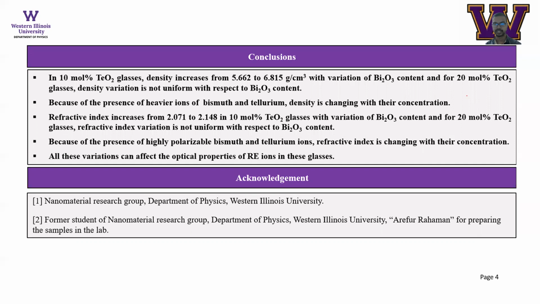Similarly, the refractive index increased from 2.071 to 2.148 for 10% mole content, and for 20% mole content, again it's not uniform with respect to bismuth oxide content. The reason behind this is the presence of highly polarizable bismuth and tellurium ions.